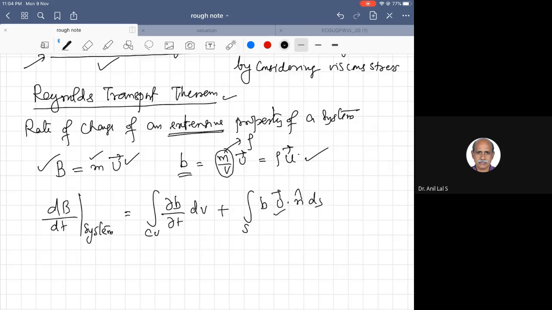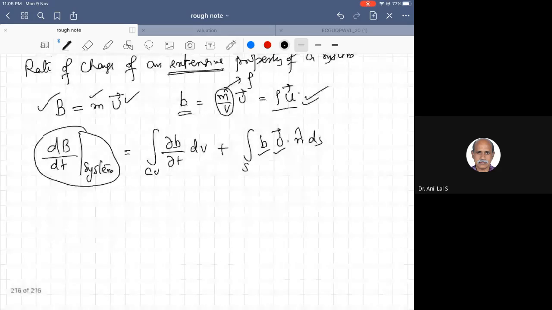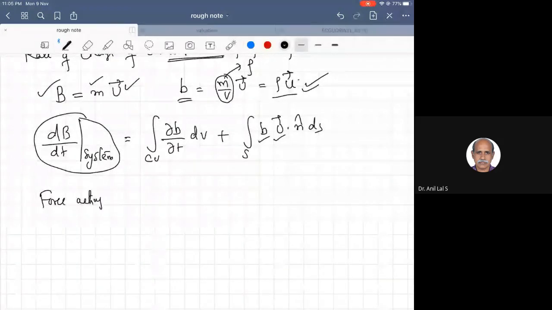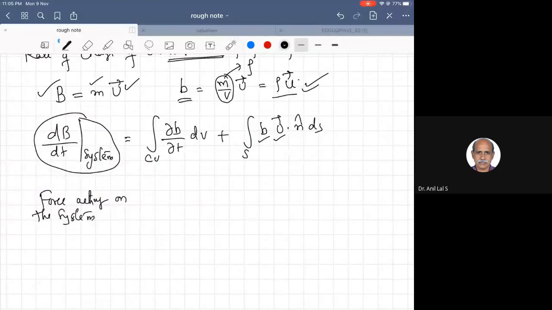Here U is velocity, and b is the intensive property, that is, here it is ρU. This is the rate of change of momentum of the system, and that is nothing but the force acting on the system, by Newton's second law.